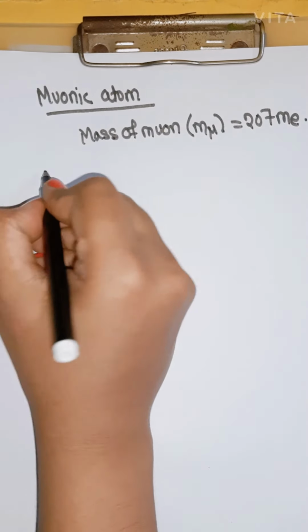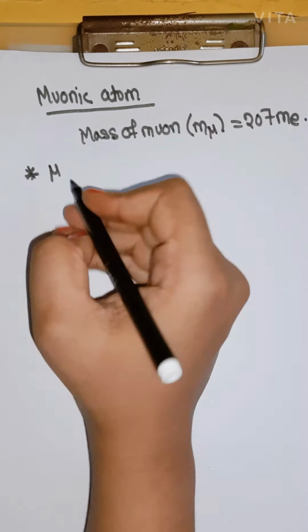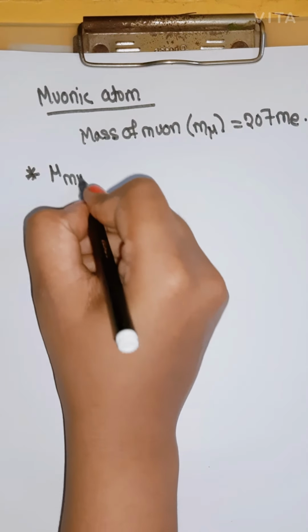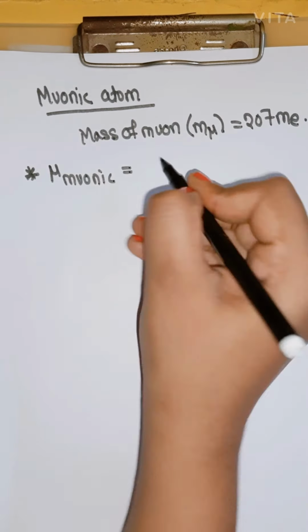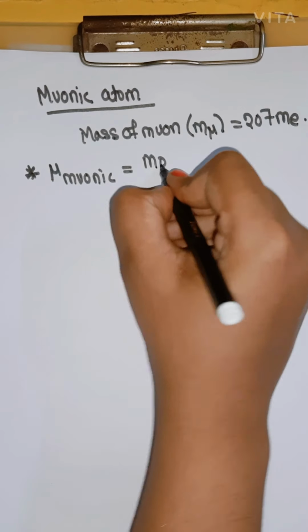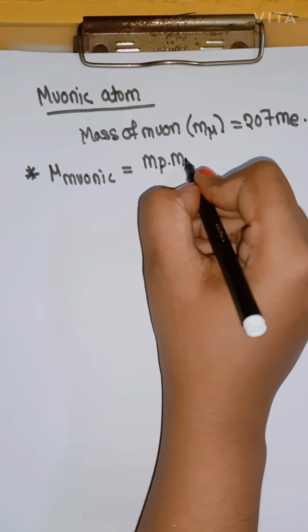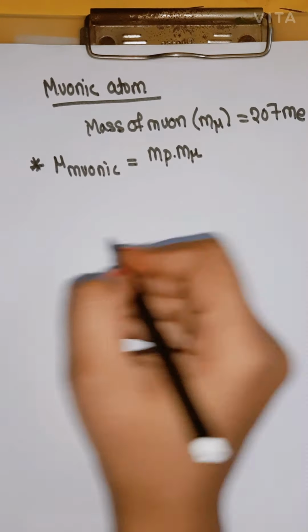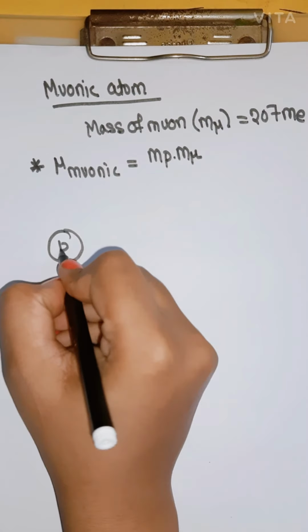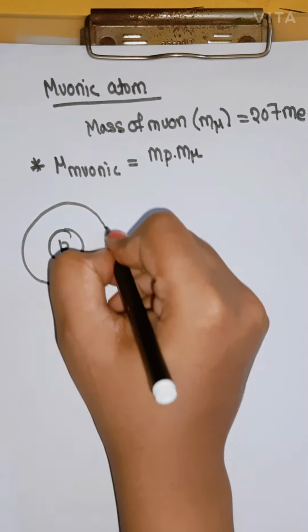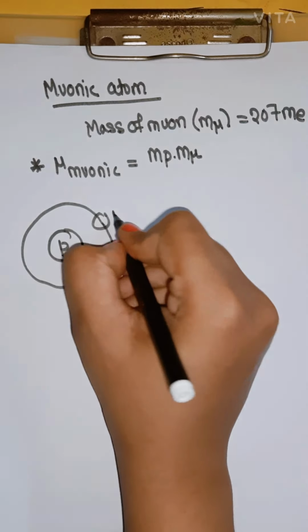So the reduced mass of the muonic atom will be equal to the mass of the nucleus, we will have a nucleus with a proton, and here the electron is replaced by the muon.